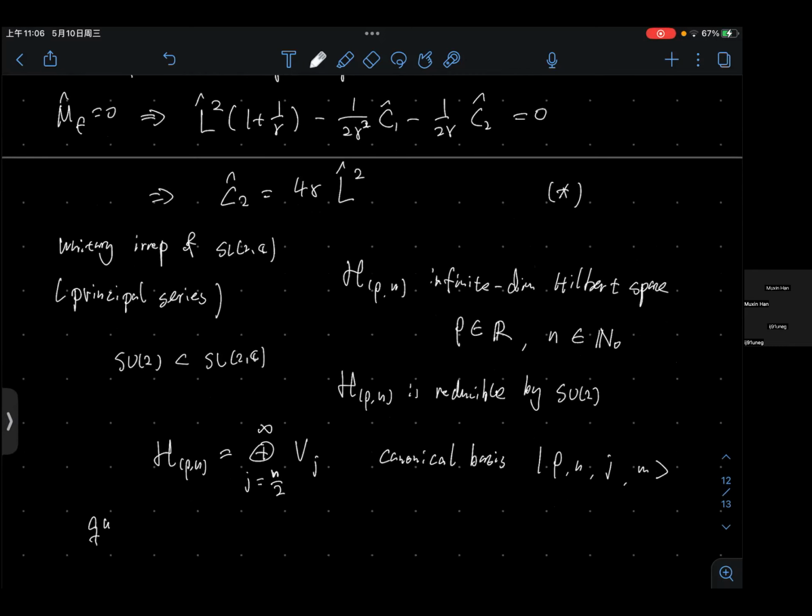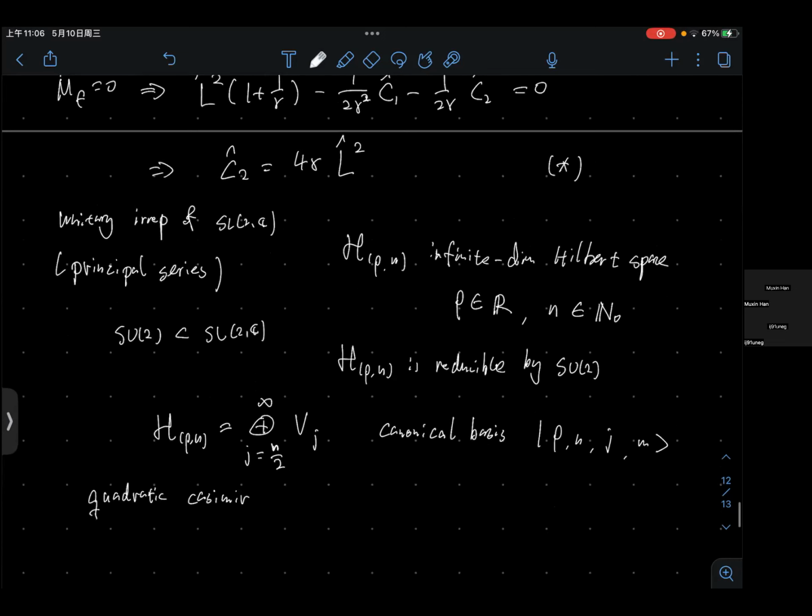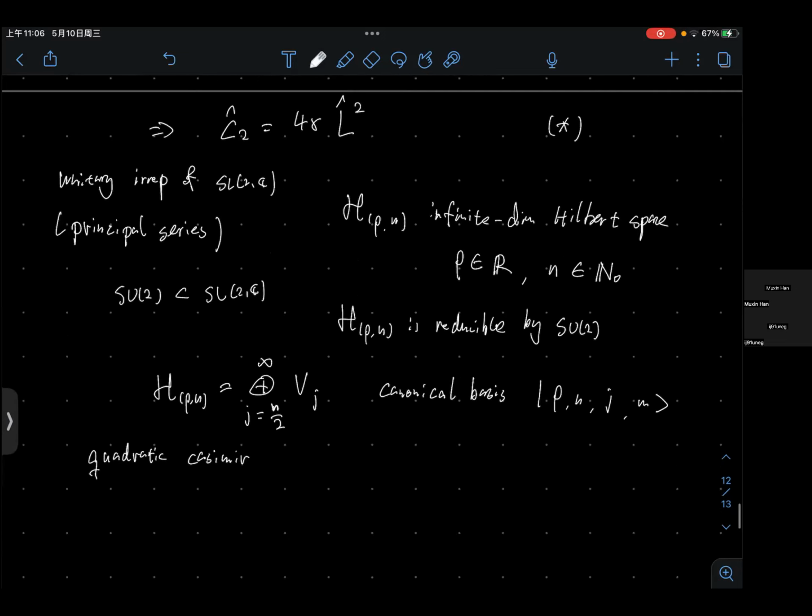So they take constant values on irreducible representations. C1 is given by 1/2 n squared. You see, they are just functions of n and rho. C2 is just given by n times rho.